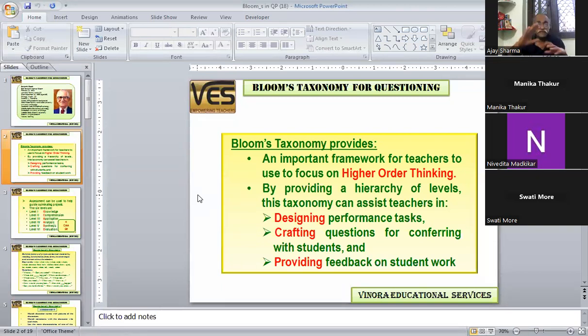But the thing is, how to go straight to the high order? First, you try to find out the level of learning in the student: how much he knows, how much he has learned, how much knowledge and information he has. Then only you will take it up.